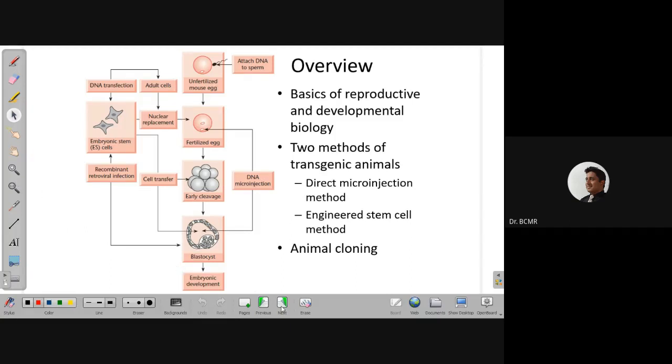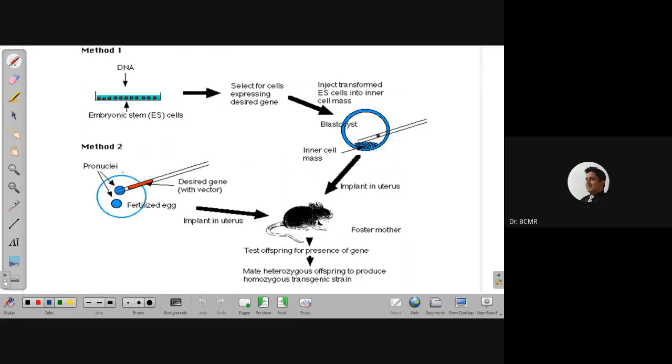In the last class, I was describing two of the traditional methods of how genetic engineering is done, or not traditional, they are still used and very useful. One is the direct microinjection method, and the other is the engineered stem cell method. The direct method is much simpler: we directly give the gene construct into the male pronucleus, implant into a foster mother, and then analyze the pups.